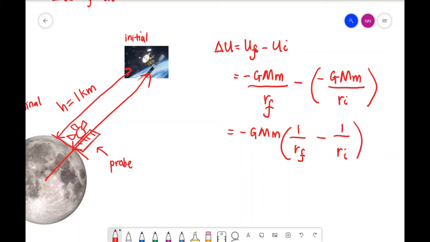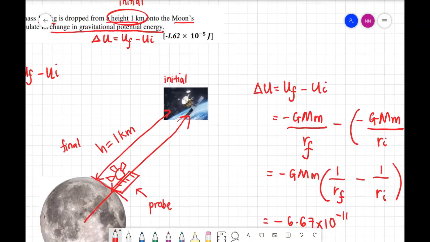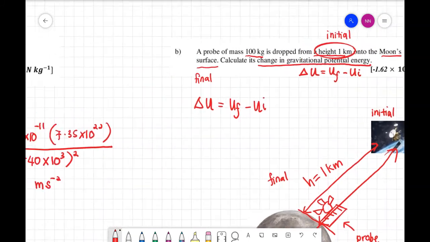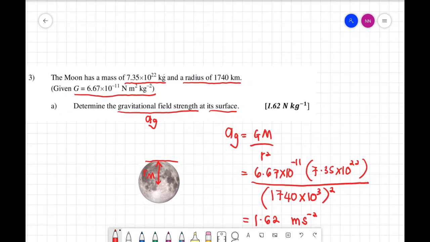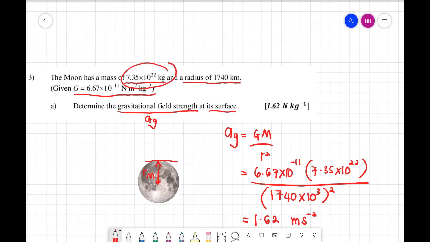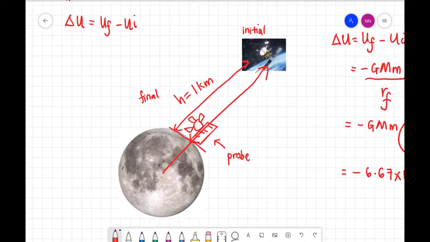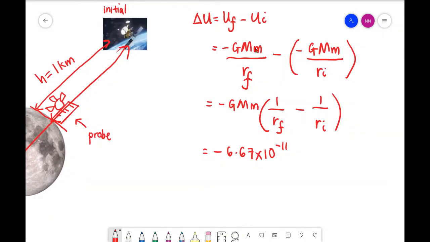Okay, so substitute G, gravitational constant. And then mass of point mass is the mass of the moon. Mass of the moon is given in the question, 7.35 times 10 to the power of 22.